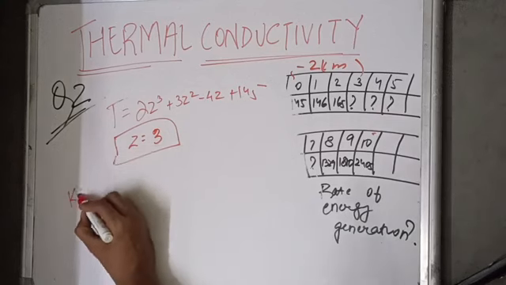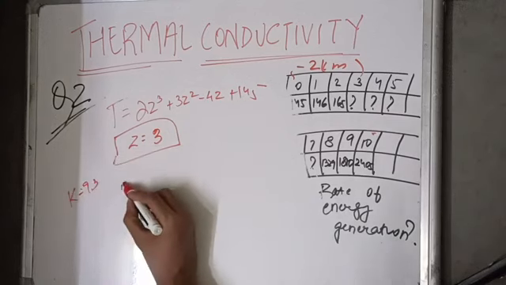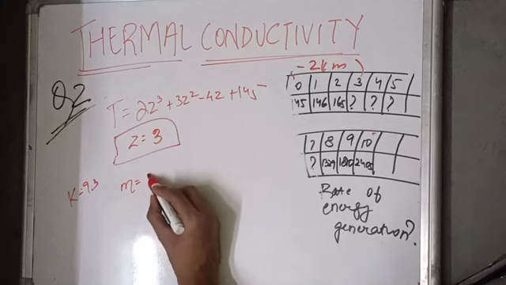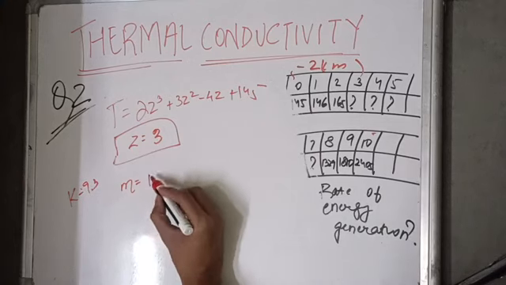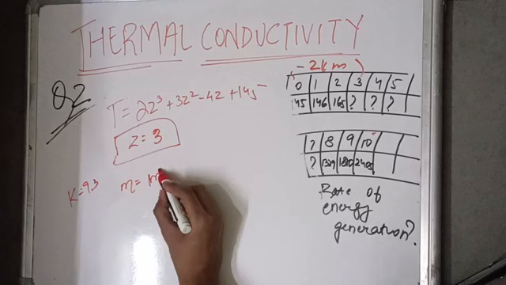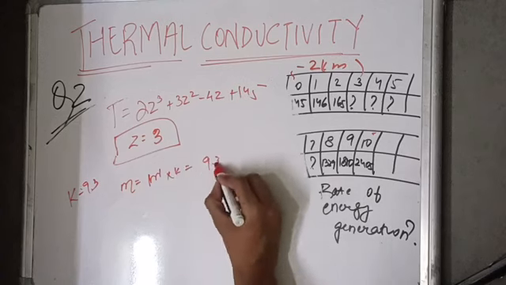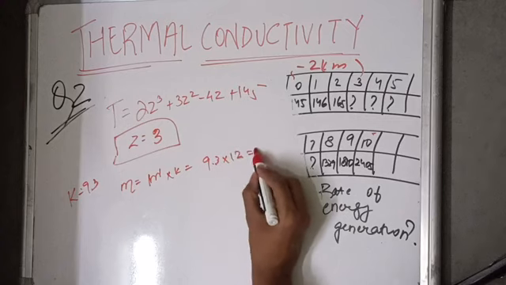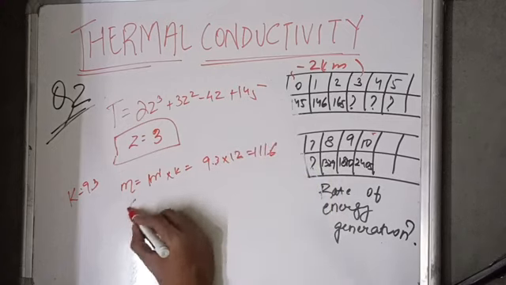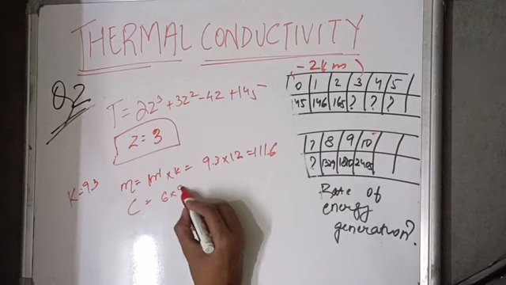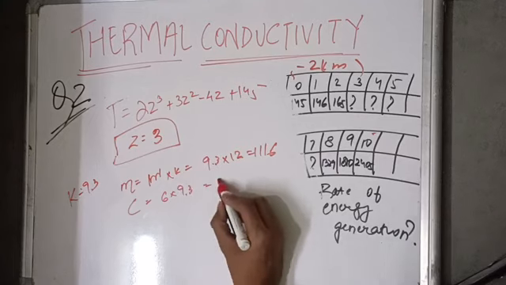It is given that the thermal conductivity is 9.3. We assume m dash equals m into k, which is 9.3 into 12, we got 111.6. We got the value of c as 6 into 9.3, which is 55.8. We have assumed this.